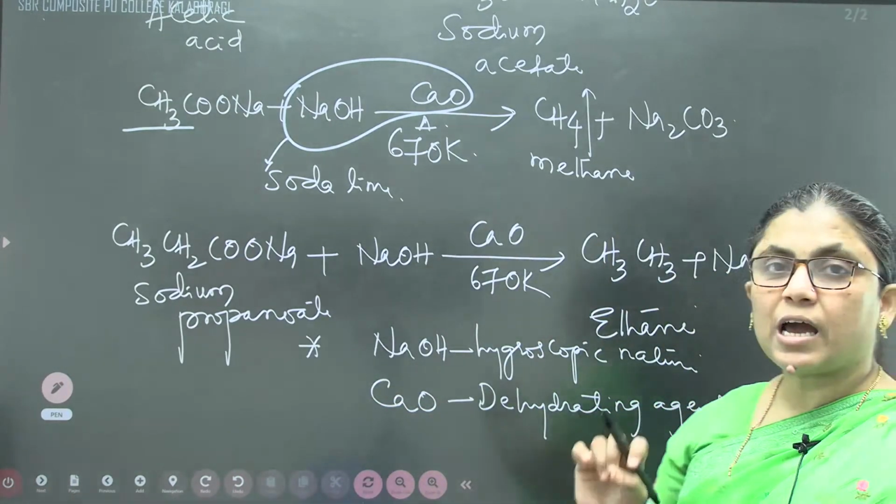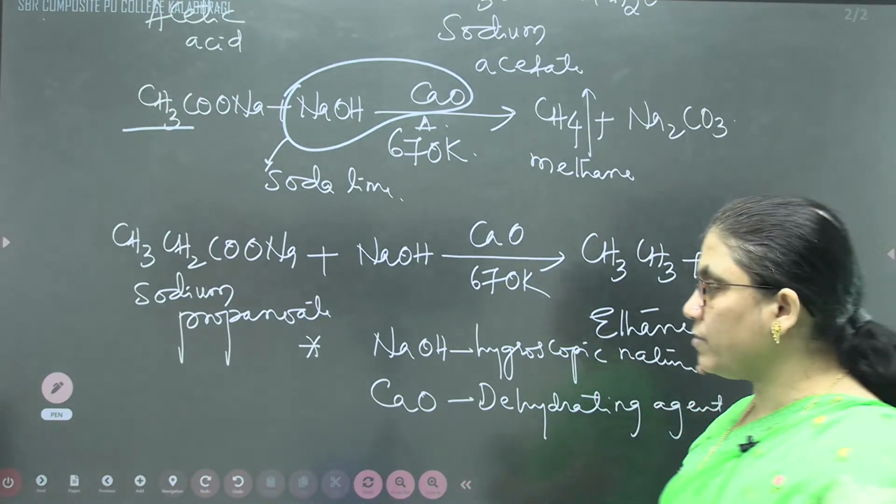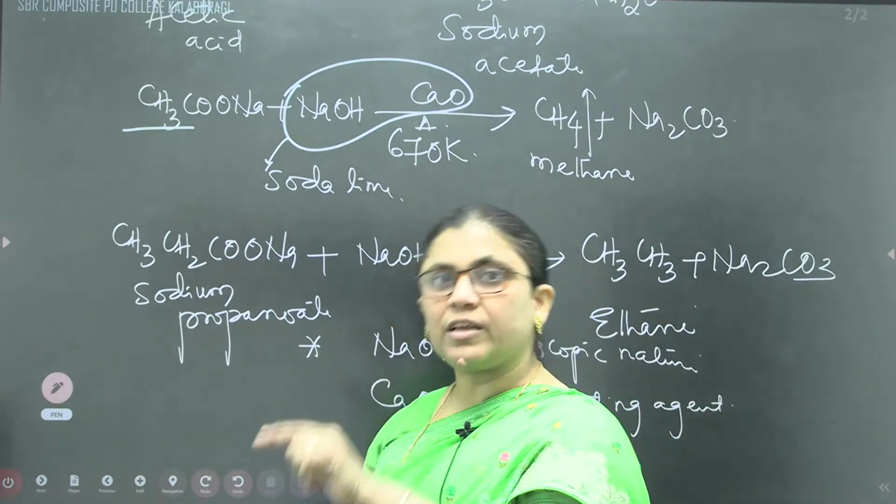That's why decarboxylation is an example of descending of series. Got my sentence? What I said, Wurtz reaction is ascending of series.